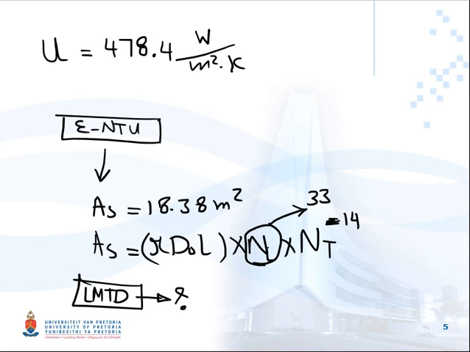But sometimes you really cannot use the LMTD method, because you can use it only when you have all the temperatures, I mean the inlet and outlet temperatures of the cold and hot fluids.